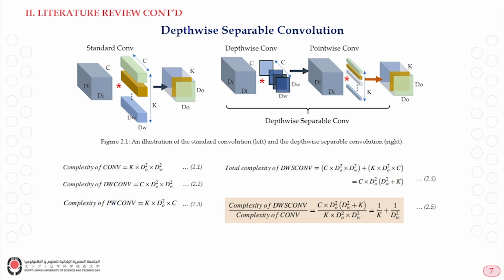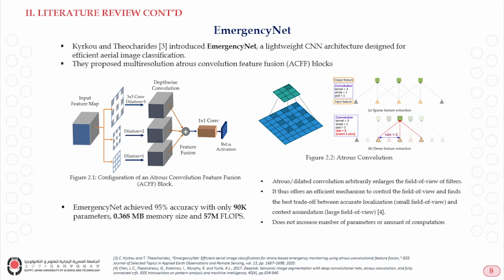So this convolution has been able to reduce the compute intensity of convolution, which we will leverage in this work to make the performance efficient. Another work that we consider is EmergencyNet. Some researchers proposed a CNN model that they called EmergencyNet, which was specifically designed for efficient aerial image classification.